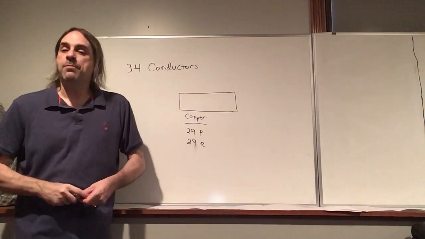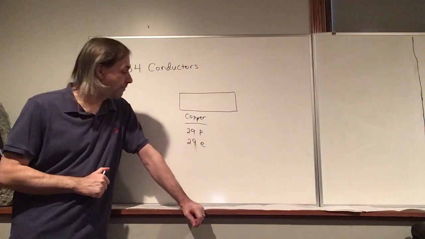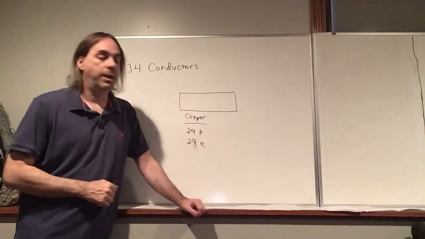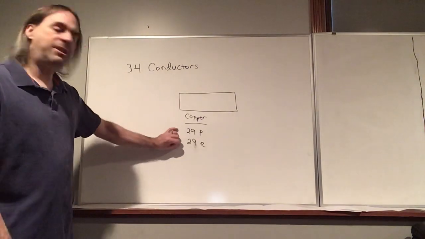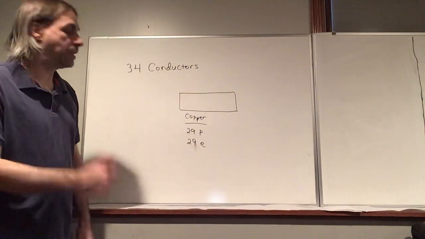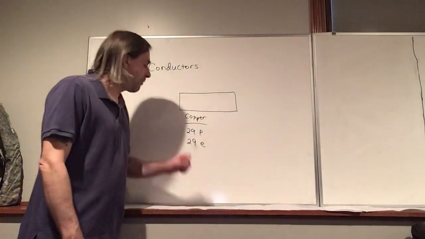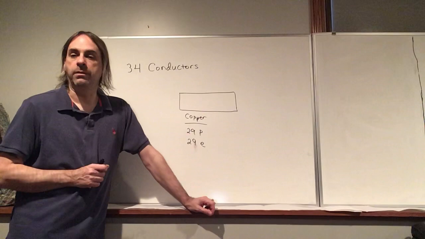A typical copper atom by itself has 29 protons and 29 electrons. When you put them together in bulk and have a large object made out of copper, this is basically true as well: every atom has 29 protons and 29 electrons. However, one of these electrons is very weakly bound to the atom.